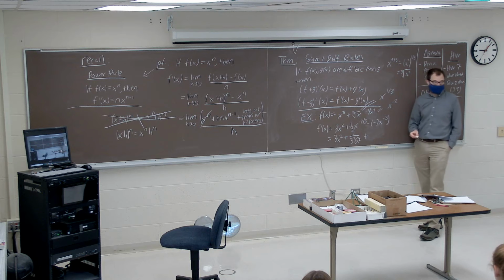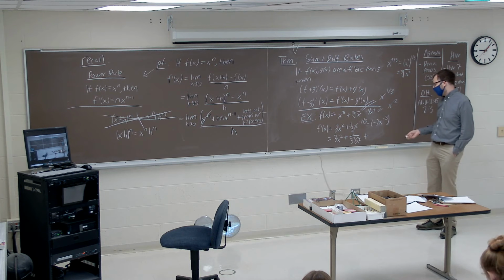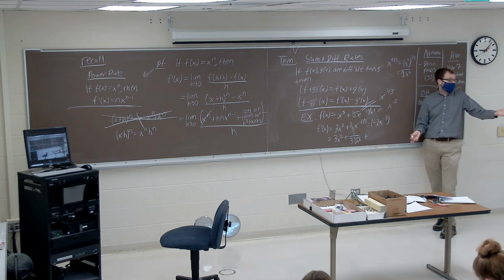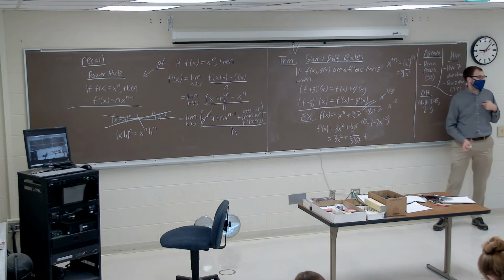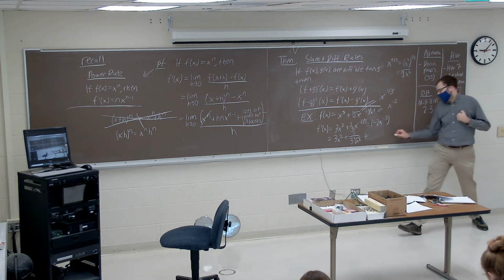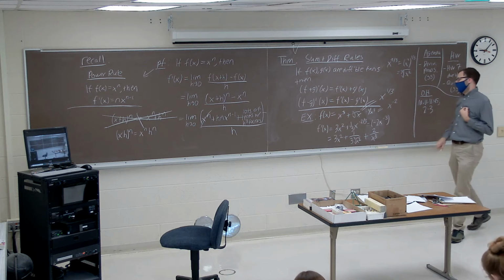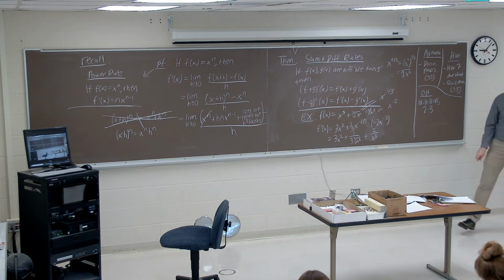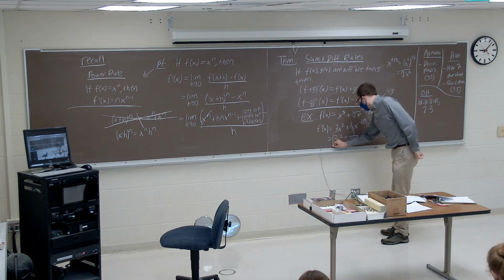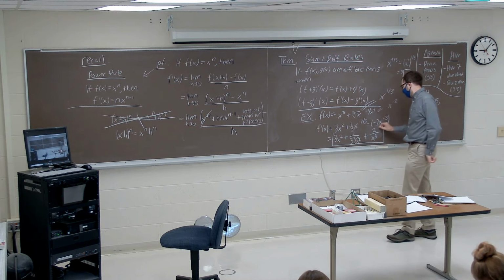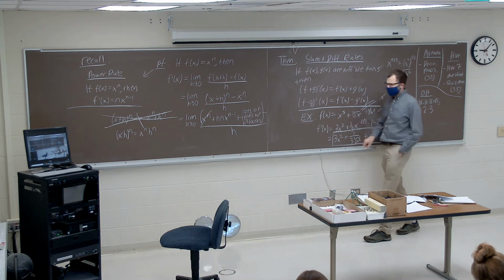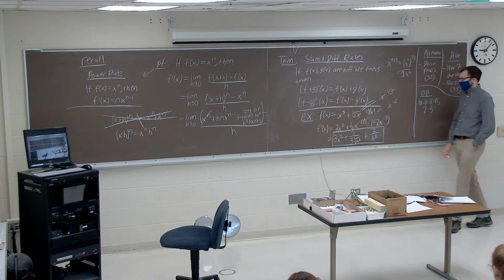Minus minus is a plus. And then the 2x to the -3, how do we write that? How's another way we could write that one? 2 over x cubed. We could put that as just 2 over x to the +3. So in the end, this is going to be our answer.